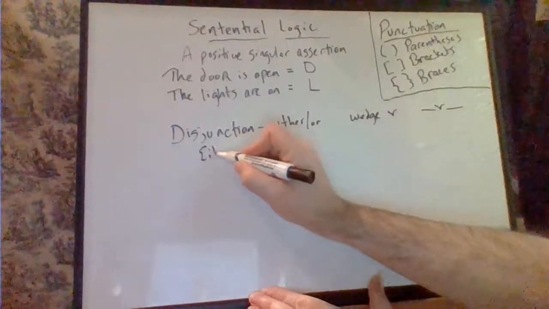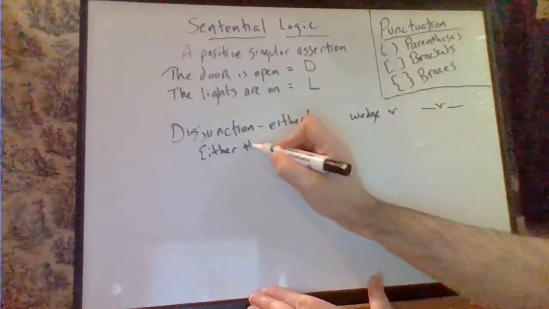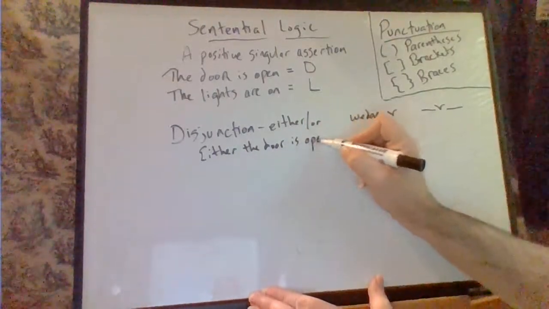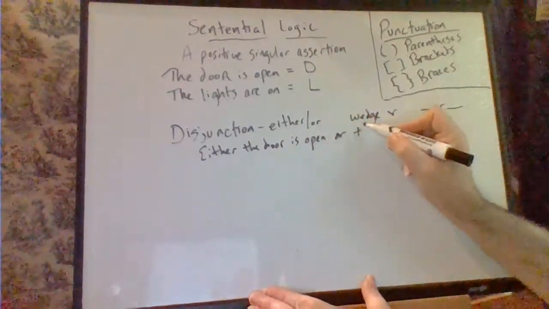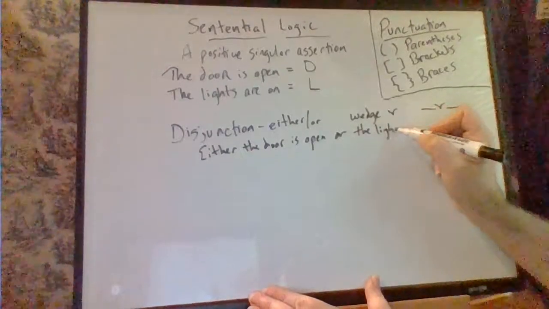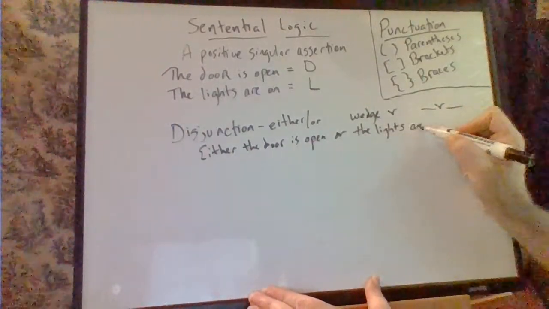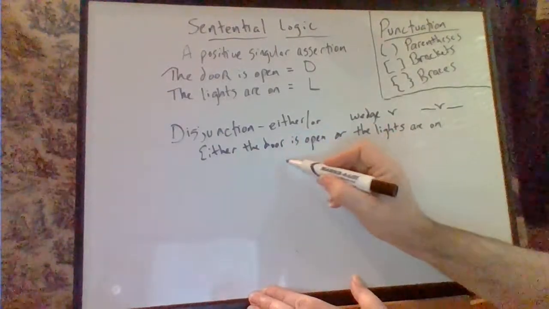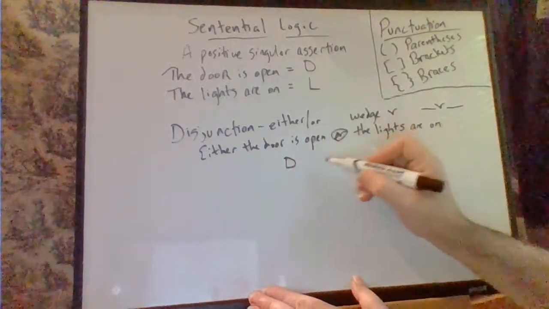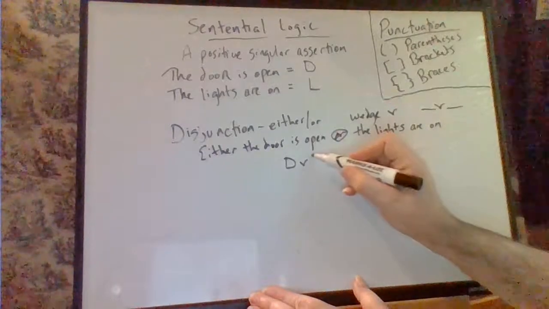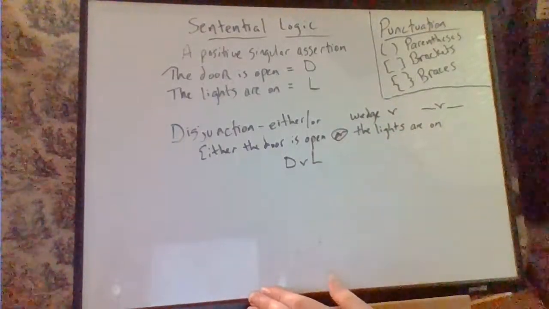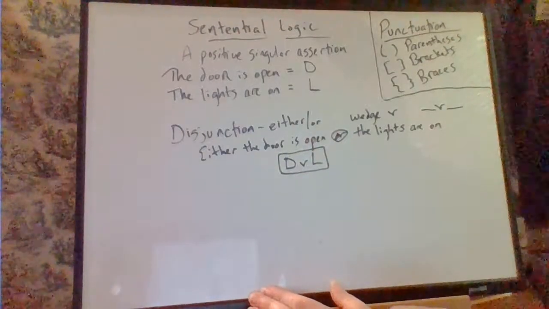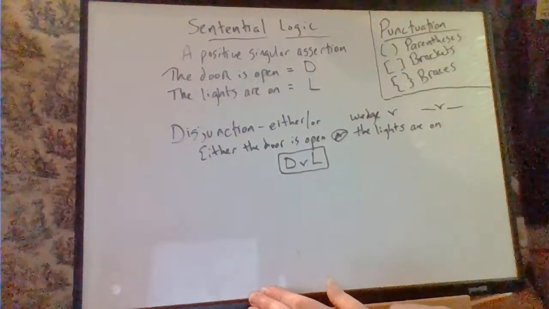So if I want to say either the door is open or the lights are on, I would see, well, the door is open, that's D, or is the wedge, the lights are on, L. Okay, D or L would be my symbolization of that statement.